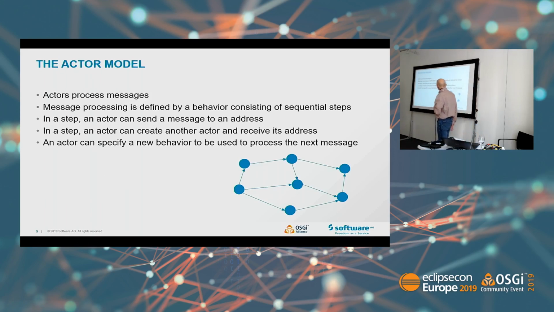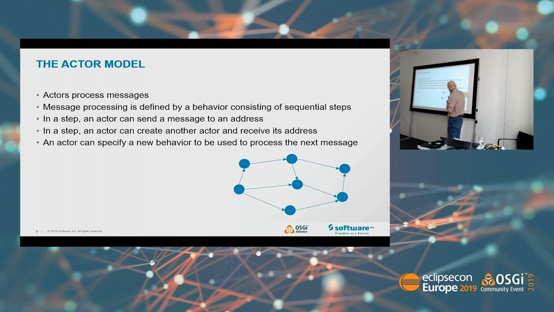Actors are objects that process messages. An actor can receive messages, and depending on the message, the actor can decide to process this in steps that consist of either sending another message or creating other actors. And the actors it creates, it can keep the address of and can later send messages to that actor. So that's the whole model.